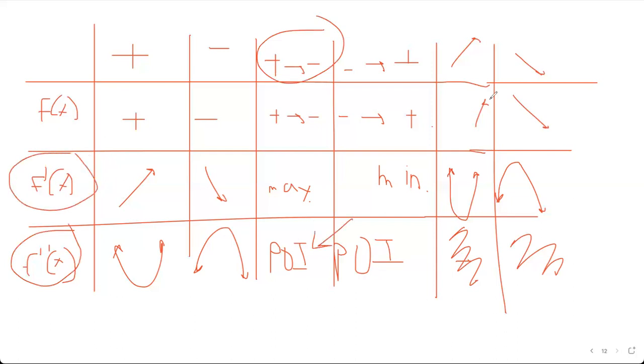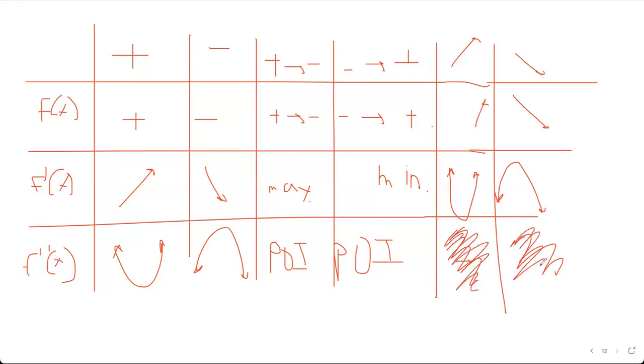When f prime of x is increasing, f of x is concave up. That's basically how you use this table, and I feel it's a great way to understand curve analysis. I'm going to darken these a bit more so people don't mistake them for anything else.